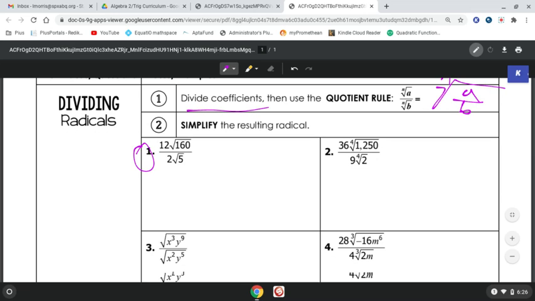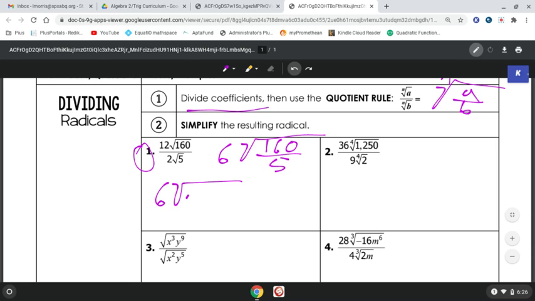First, you're going to divide your coefficient. So 12 divided by 2 is 6. Then we're going to have 160 divided by 5 under the radical. So we'll have 6 times the radical of 160 divided by 5, which is 32.